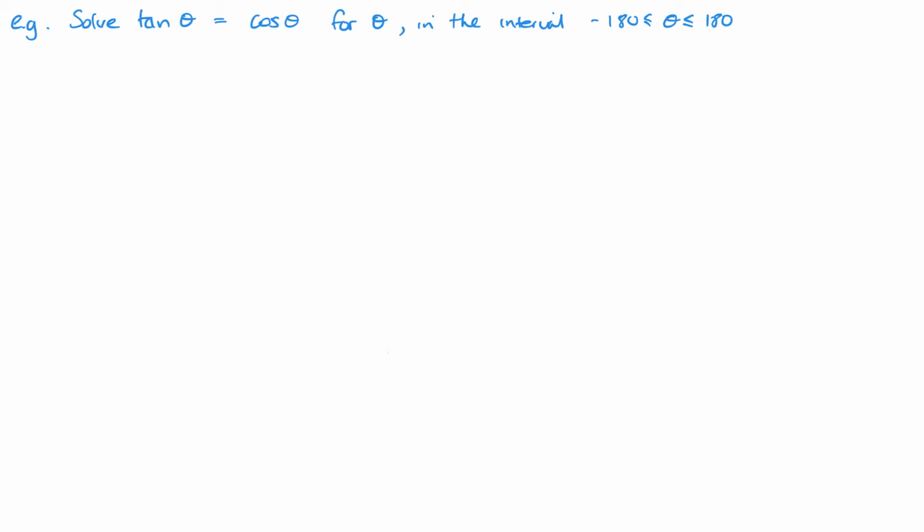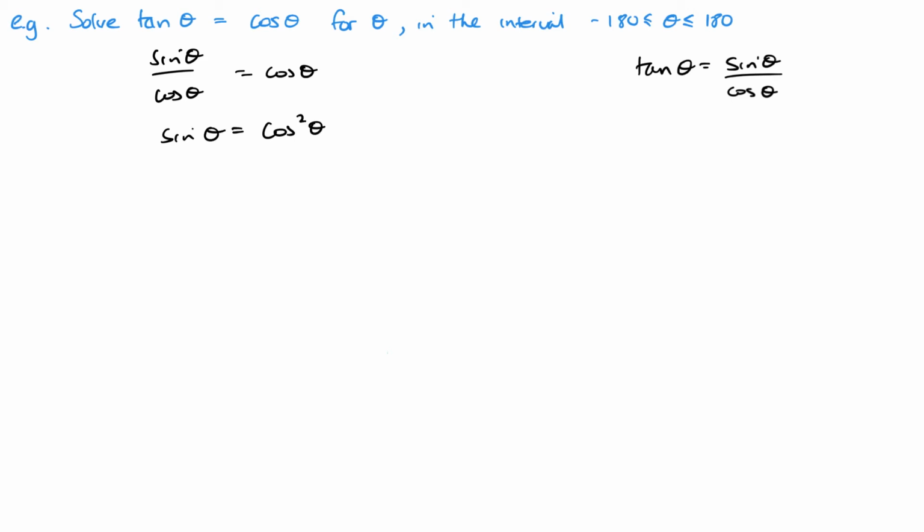Final example. So for this one, we need to remember that tan theta can be written as sine theta over cos theta. So we get sine theta over cos theta equals cos theta. So sine theta equals cos squared theta. Cos squared can be written as 1 minus sine squared theta.